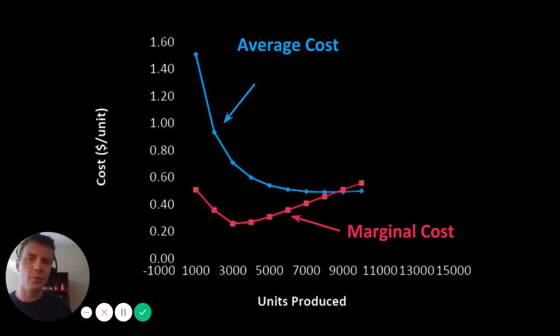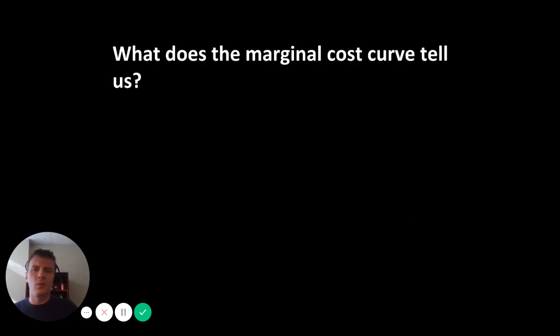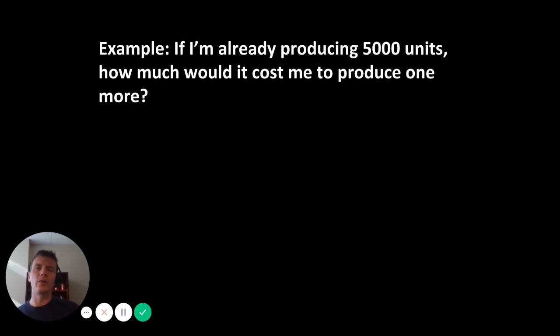We can also plot marginal costs on this same figure where we have average costs. So what does the marginal cost curve tell us exactly? You could think of it as a measure of how much it would cost to produce one more unit at any level of production. In other words, if you're already producing 5,000 units, how much more would it cost to produce one more unit?